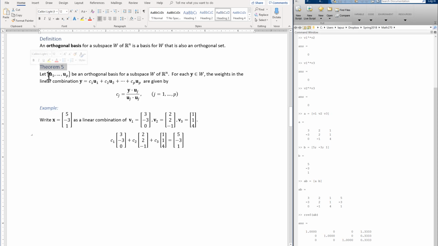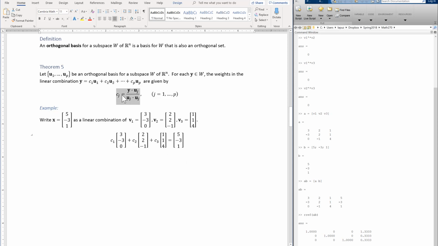And we've already been dealing with it, and so this just formalizes the definition. Now we have a theorem that says if we have a set of vectors u1 through up, and it happens to be an orthogonal basis for W, then each y in that subspace W can be written as a linear combination of the basis. So that's what we did before. But not only that, here they give us the formula.